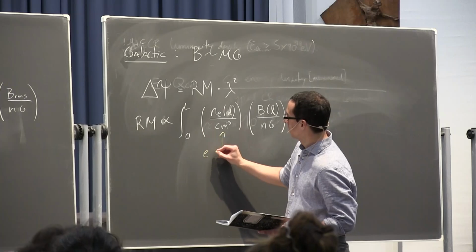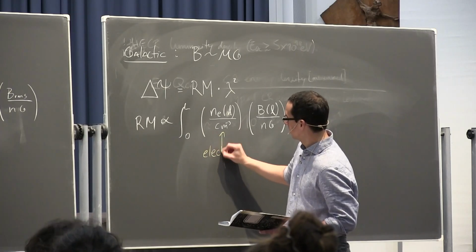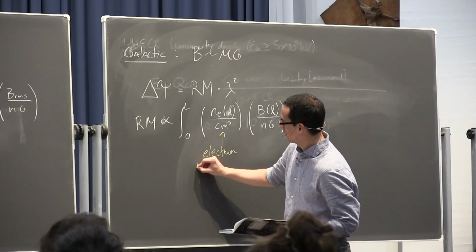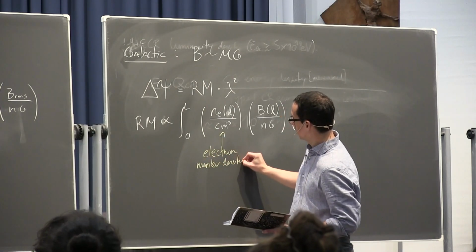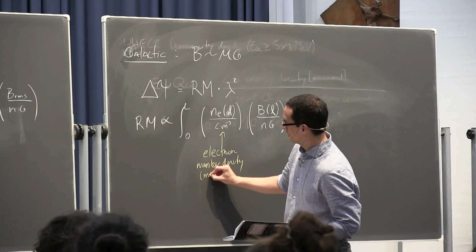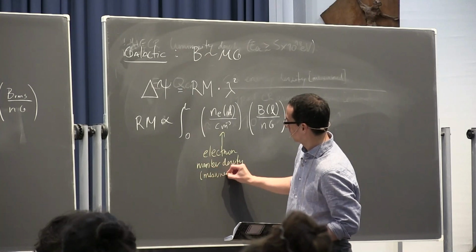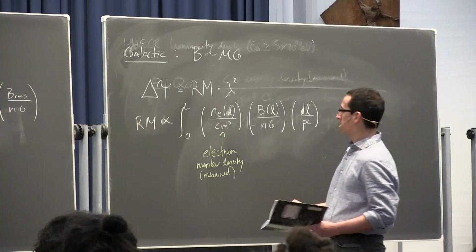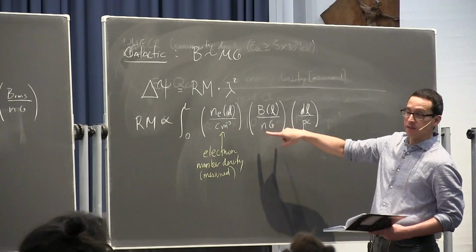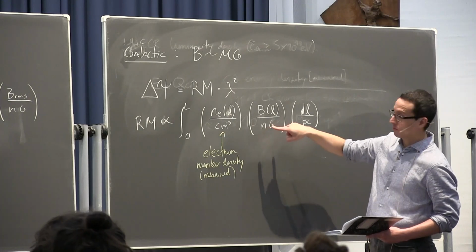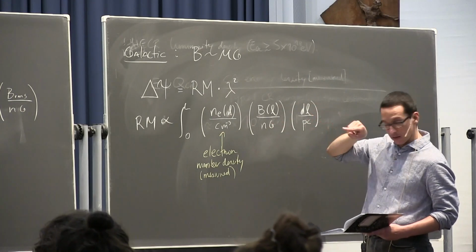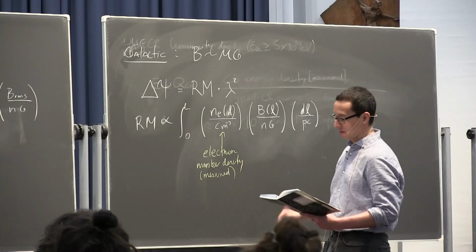So the electron number density, this is measured. There are tracers to measure that. And this is what we want to find out. So we want to map the magnetic field intensity across different path lengths along the Milky Way structure.